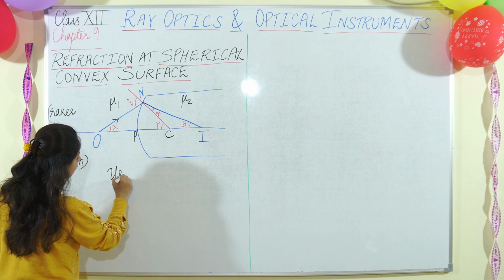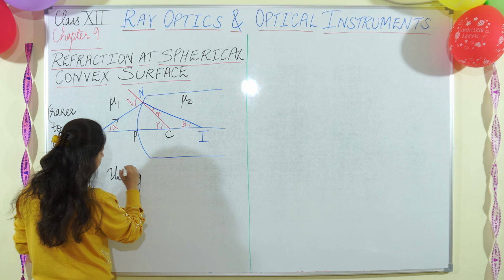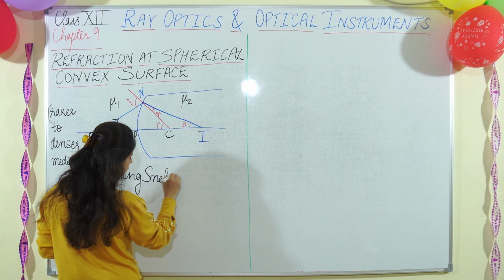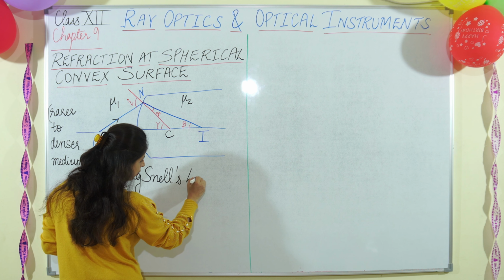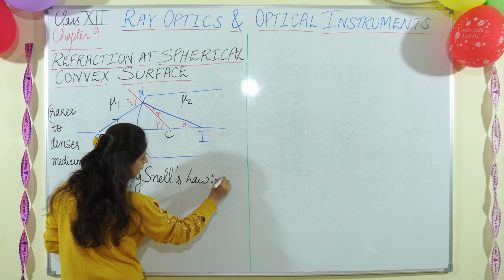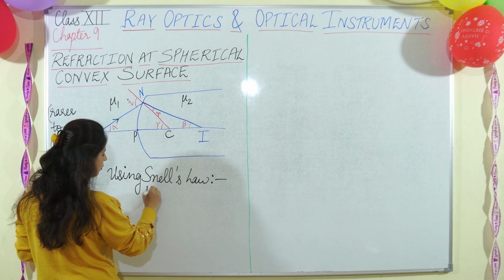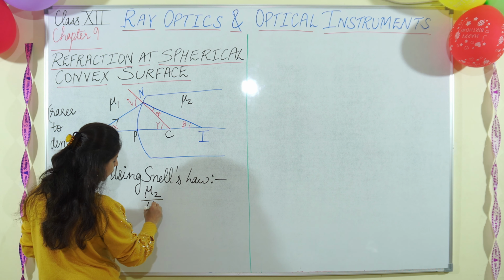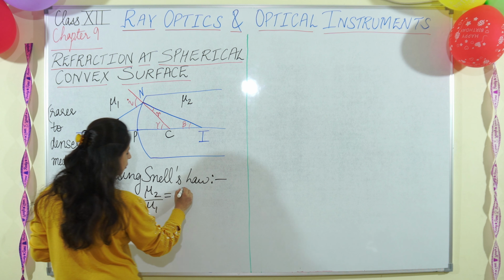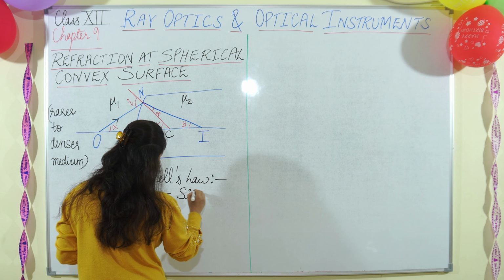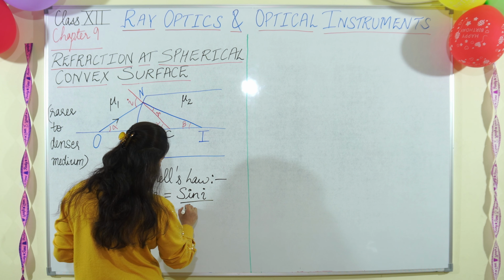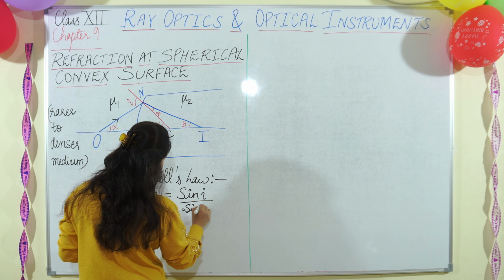So using Snell's law, it is clear that mu2 upon mu1 is equal to sine i upon sine r.